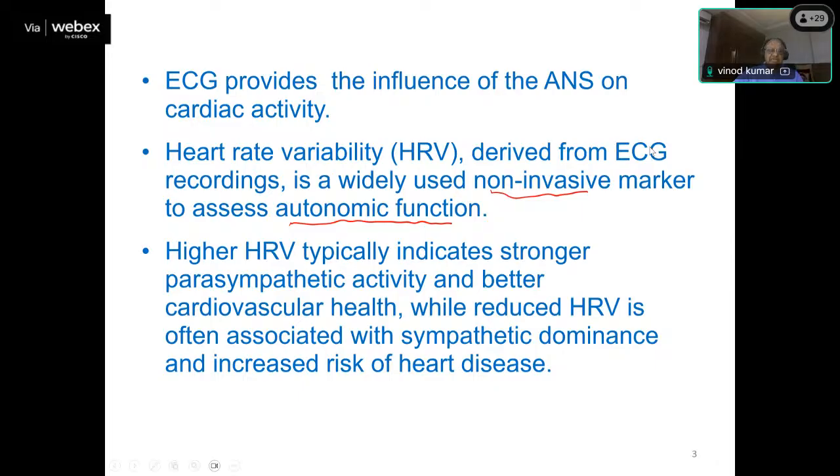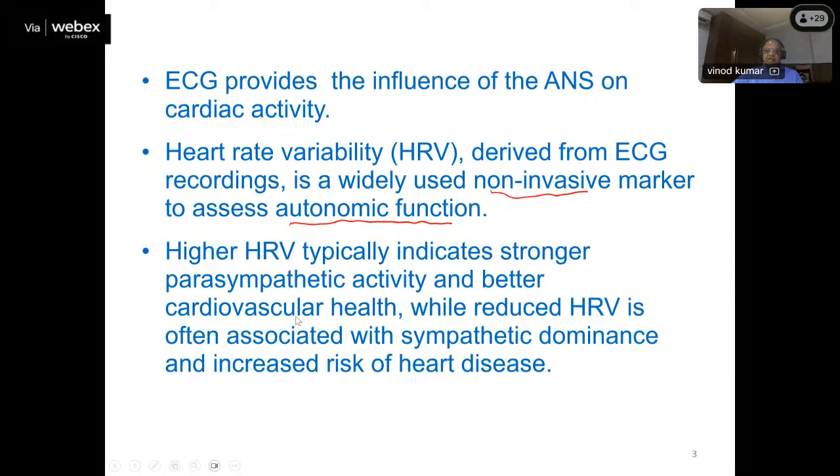From ECG, we will try to calculate heart rate variability, and heart rate variability will directly give us an idea about ANS activities. That is, higher heart rate variability typically indicates stronger parasympathetic activity. If HRV is high, that means our parasympathetic activity is high.